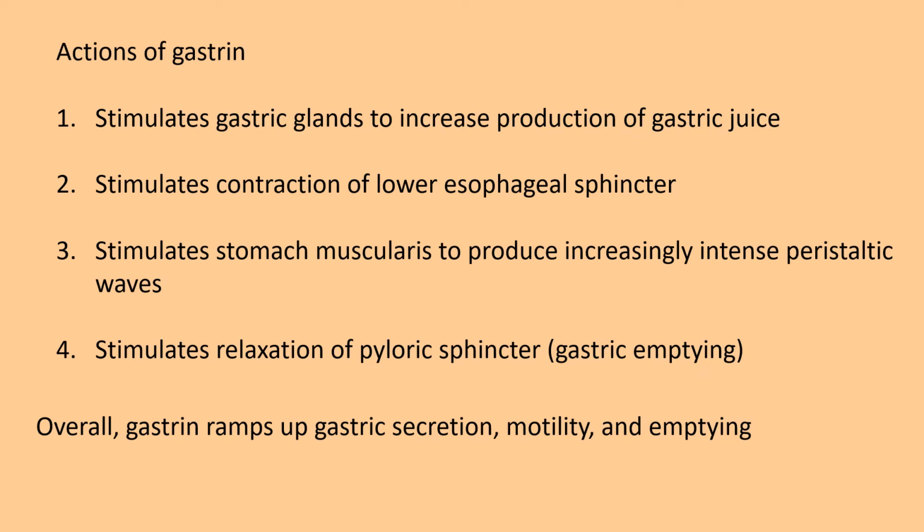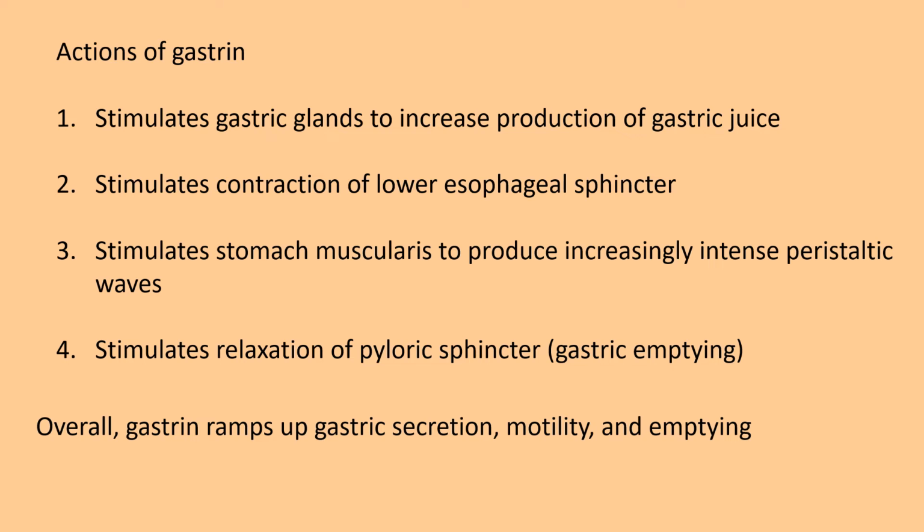So gastrin has several target tissues, and the way a cell changes its behavior in response to a particular signaling molecule is called the action of that signaling molecule. I hope you recall that, for example, the action of norepinephrine on autorhythmic fibers of the heart is to cause those autorhythmic fibers to generate action potentials at a faster rate.